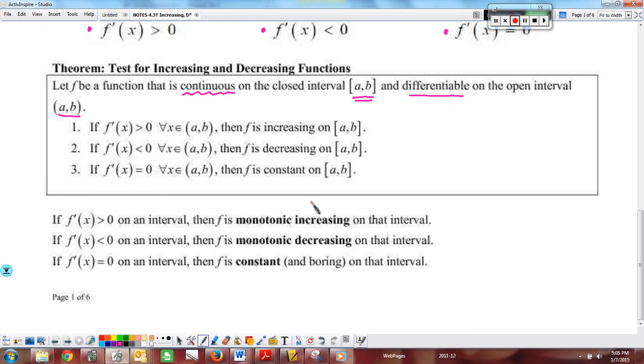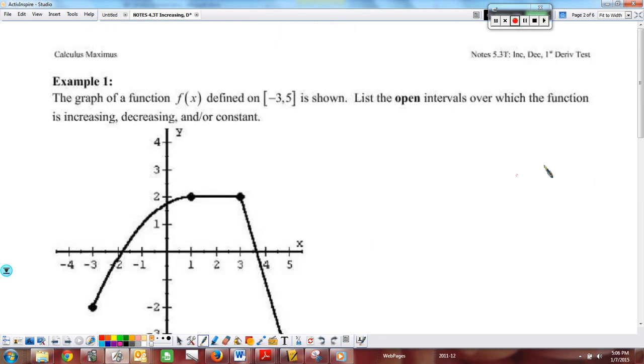Then what we know is that if the derivative is positive for every value in the open interval a to b, then it must be increasing. If the derivative is negative, then it's decreasing, and if the derivative is 0, then it must be constant on that interval. If the derivative is positive on an interval, we call it monotonic increasing on that interval, monotonic decreasing, and then constant, which is the boring one. So that's all a review of things that we already know.